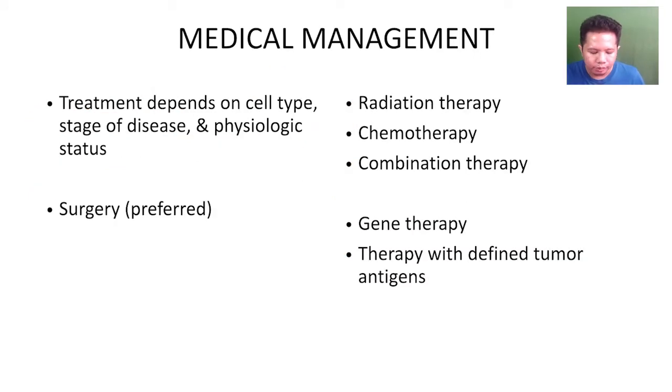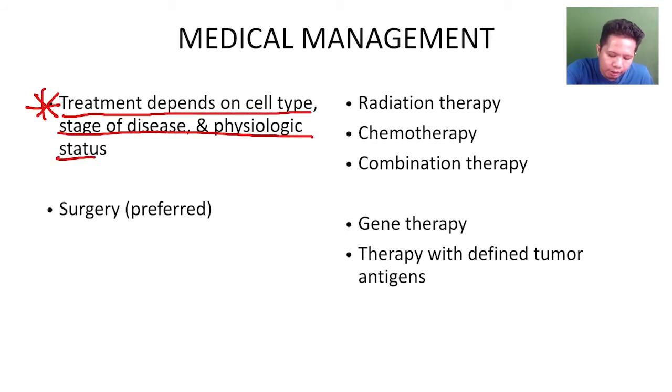For the medical management, again, it depends on the cell type, stage, treatment, and physiologic status. Surgery is also preferred, and later on we'll be discussing the surgery, but usually that would be removal of the tumor. If it spreads within the lungs, it would be local resection or lobectomy, depending on what part of the lobe is affected.